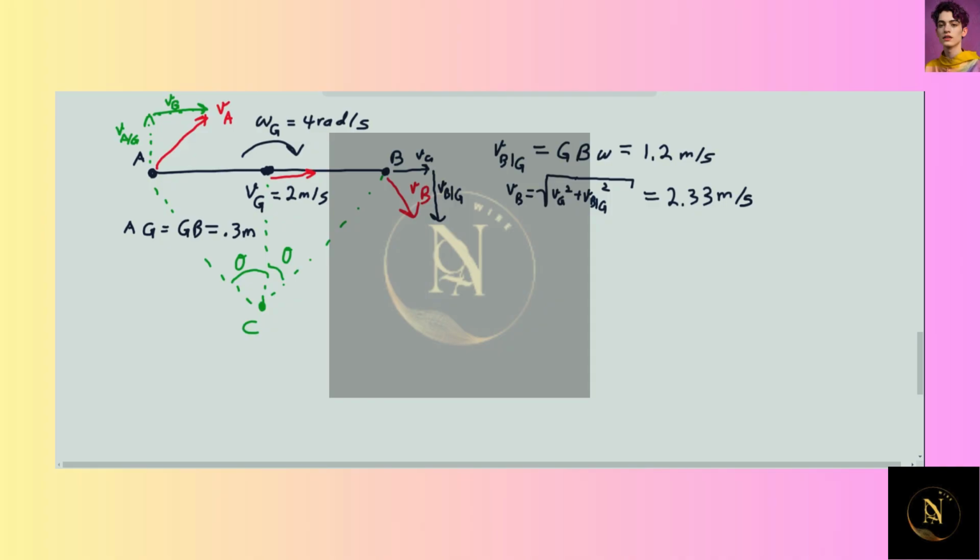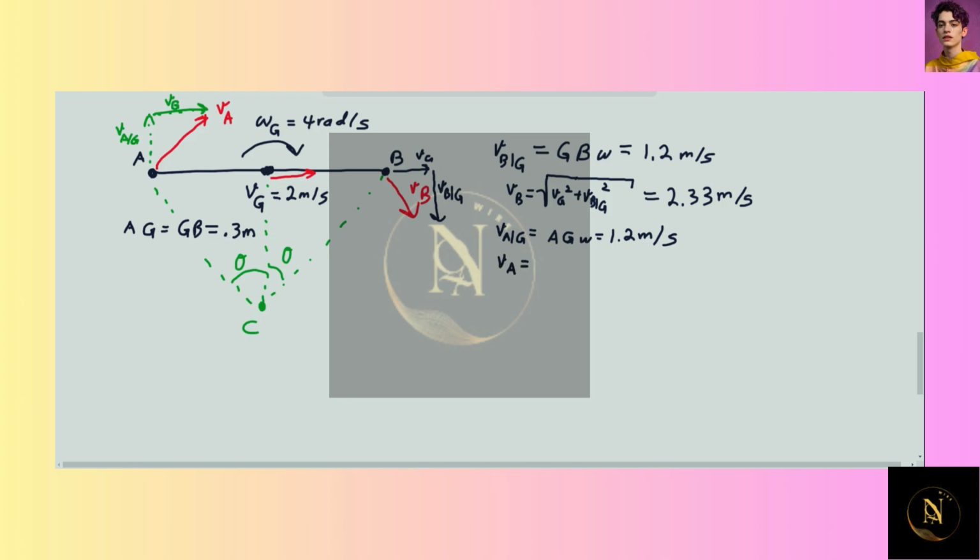We can do the same thing for A, and because this is symmetrical, we end up finding that VA with respect to G is just AG omega, and it's again 1.2 meters per second, of course in a different direction.